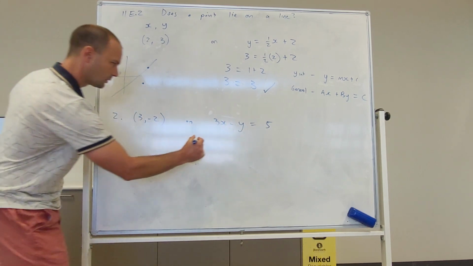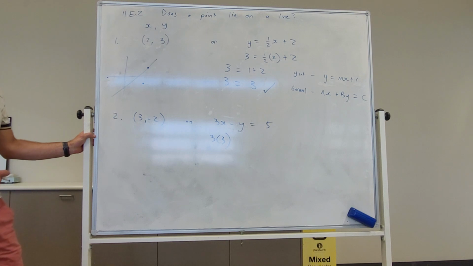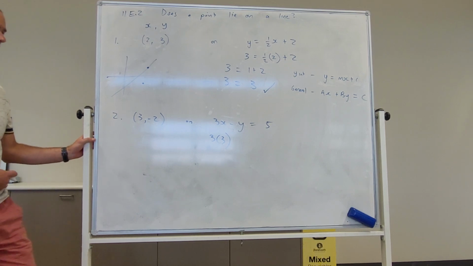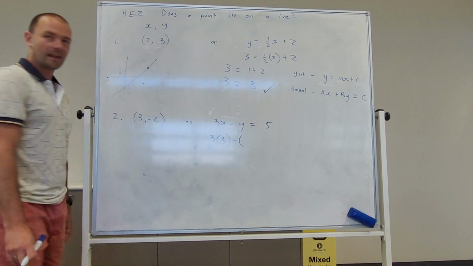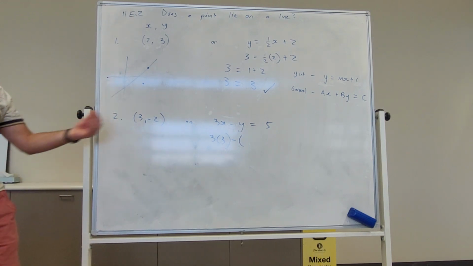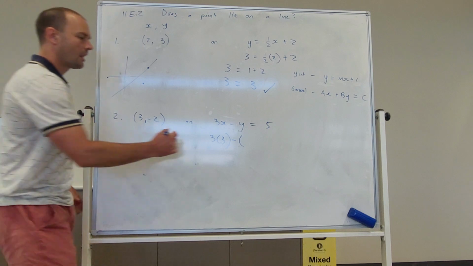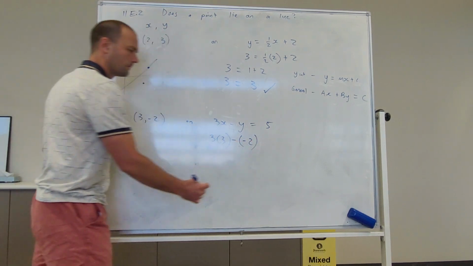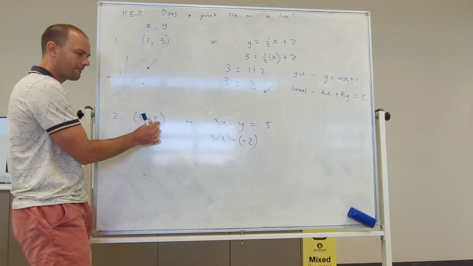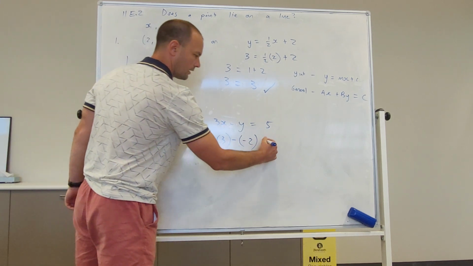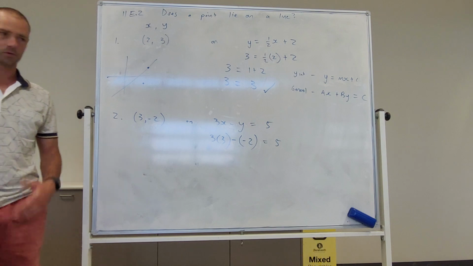So we'll have 3 times 3, 3 where the x is, and then take away, and now the y value is negative 2. So we're going to have take away negative 2. That minus stays there, and the whole y value is minus 2, and then we have equals 5.